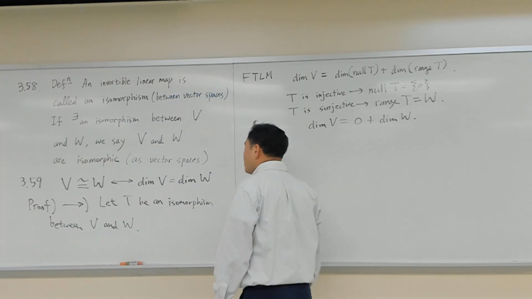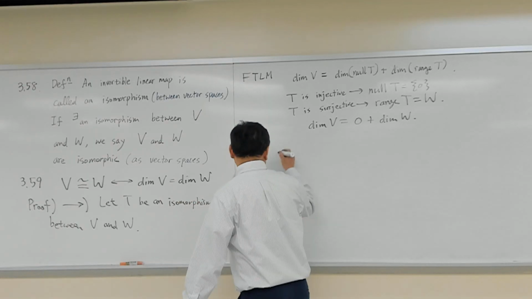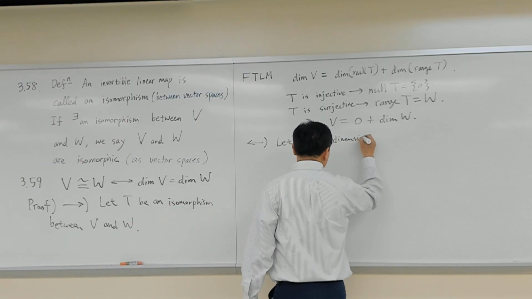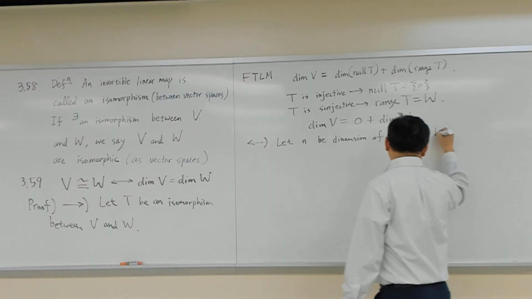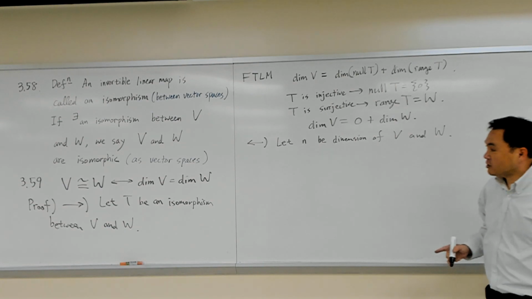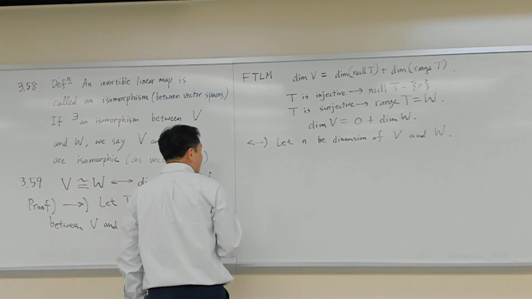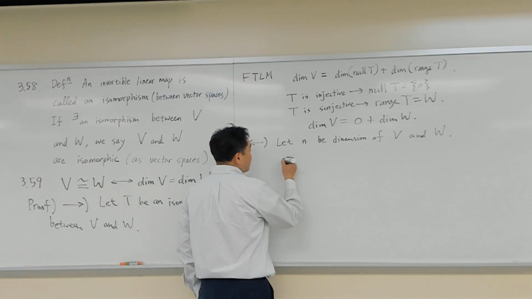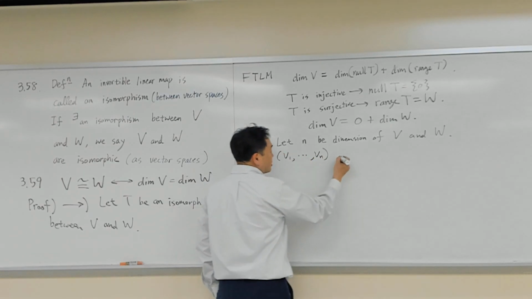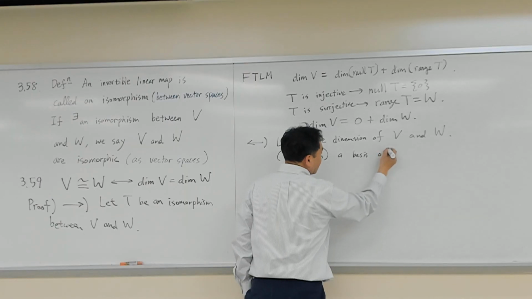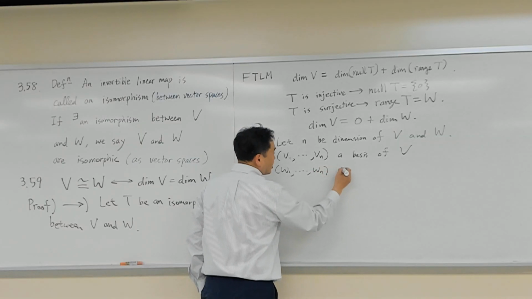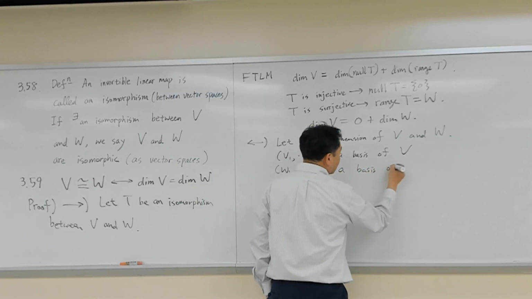Well, if I say let n be the dimension of V and W, because we're assuming that the dimensions are the same, we have some n where dimension of V is the same as dimension of W. So that means there exists some V1 through Vn, a basis of V, and W1 through Wn, a basis of W.